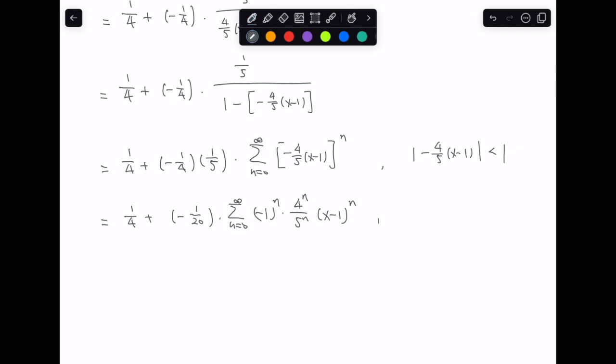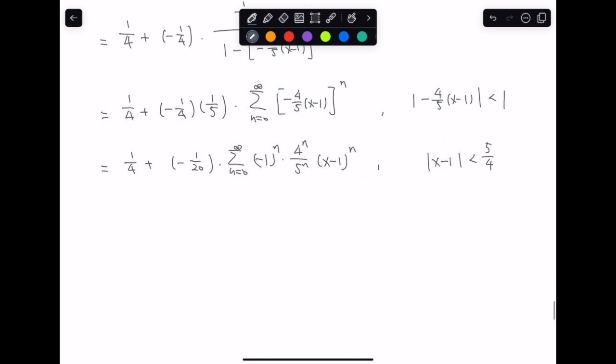That gives us x minus 1 absolute value less than 5 over 4. We open the absolute value, that gives us x minus 1 less than 5 over 4 and greater than negative 5 over 4, which is equivalent to x less than 9 over 4 and greater than negative 1 over 4. So now we have our interval of convergence found here.